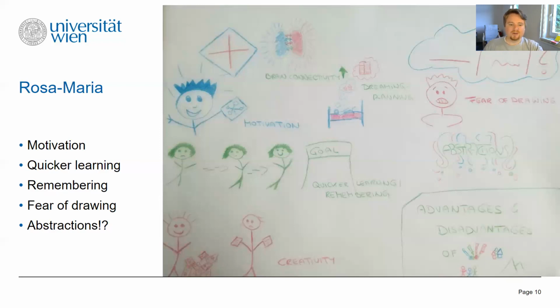Furthermore, you talked about fear of drawing, which others also mentioned. That's true. Sometimes we just think, okay, well, I can't draw. But I'm pretty sure that once you, as a facilitator, someone who is going somewhere and doing participatory approaches, start drawing and your drawing is also not that perfect, the participants will realize, okay, maybe all of us are not that great at drawing, so maybe we are all in the same boat, right?